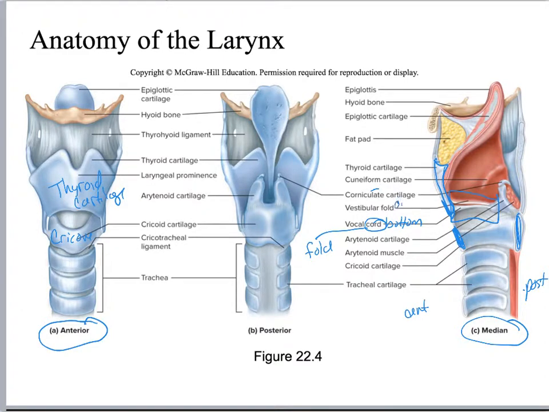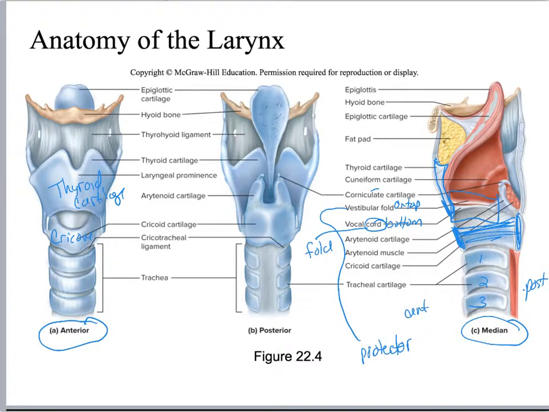Sitting on top is a protector called the vestibular fold. The vestibular fold does not move. It's just a shelf that sits on top of the vocal cord. Don't get them flipped. Okay, so then here you got that whole cricoid cartilage, and then you've got 1, 2, 3 tracheal rings, which are also made out of hyaline cartilage.